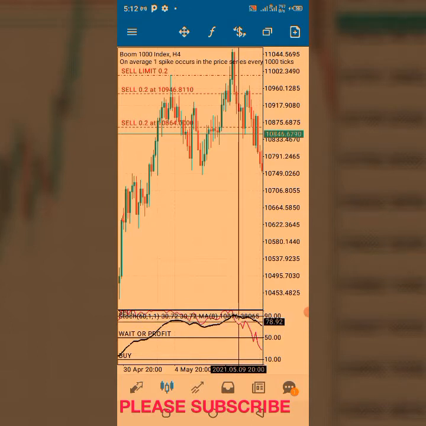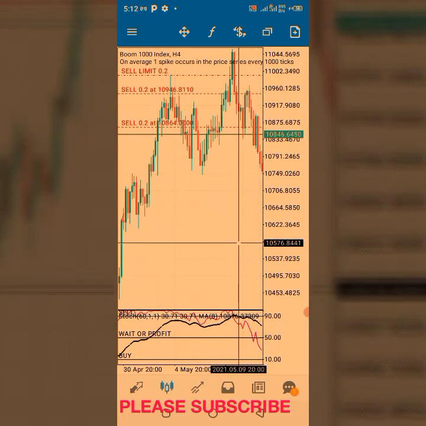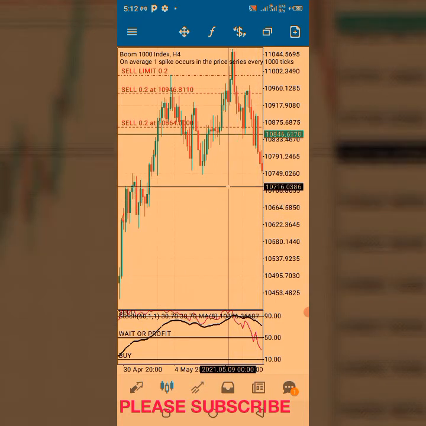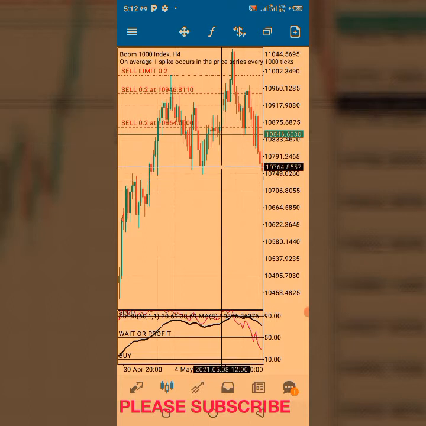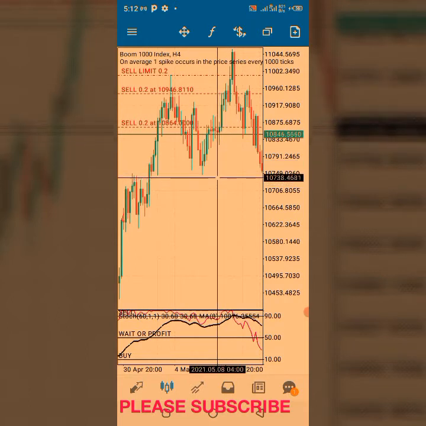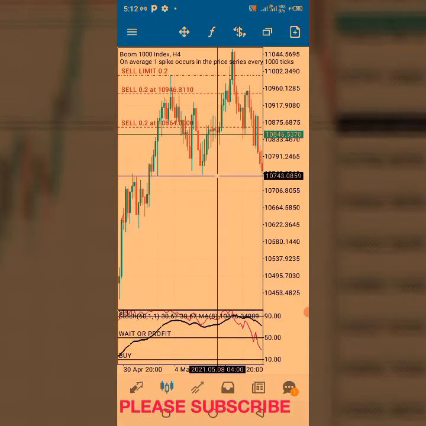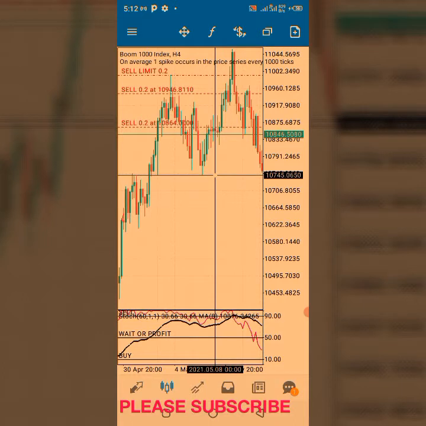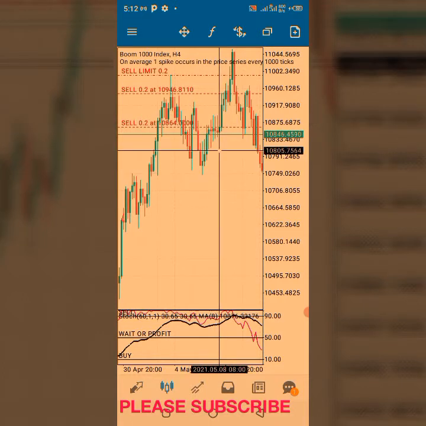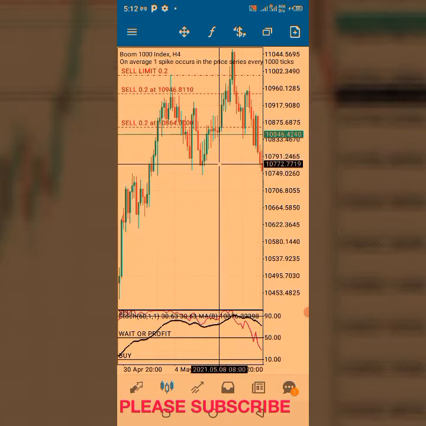But the only thing is you need to place your trade at what we call the swing point, a point or zone where the price action will not go against you. Like if it is a crash market or boom market, the spike will not reach you. If it is a normal market, the price will not go against you.